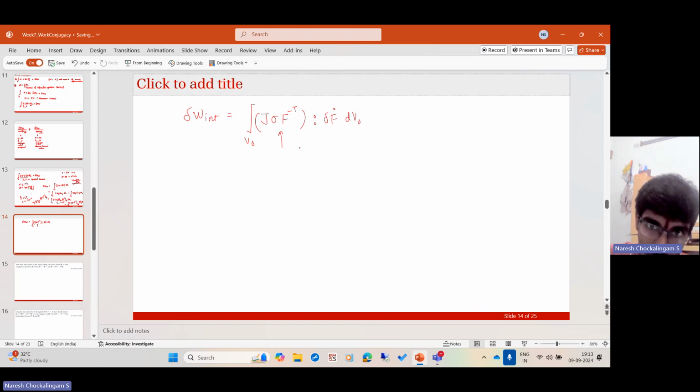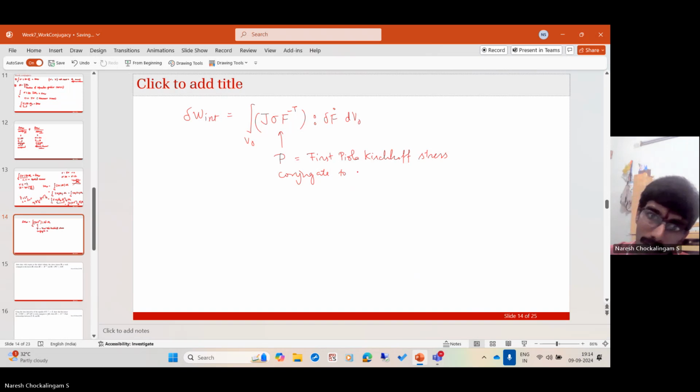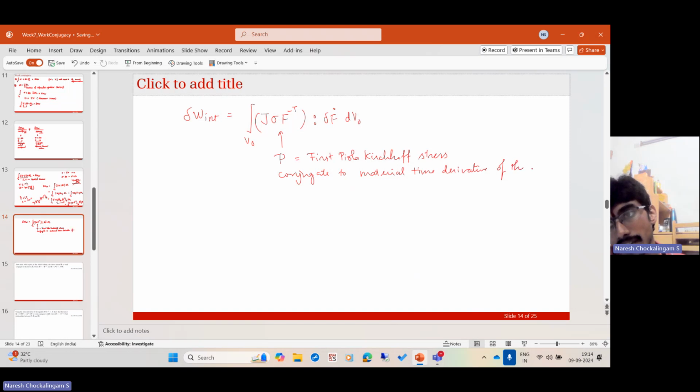Now this has got a special name. So this quantity called P, which is the first Piola-Kirchhoff stress, is conjugate to the material time derivative of the deformation gradient.